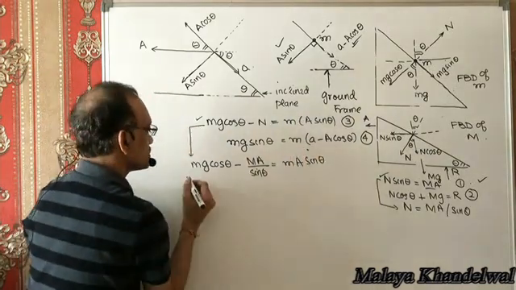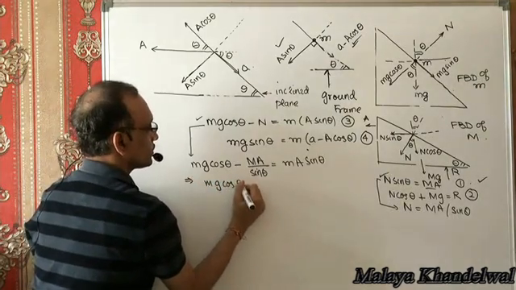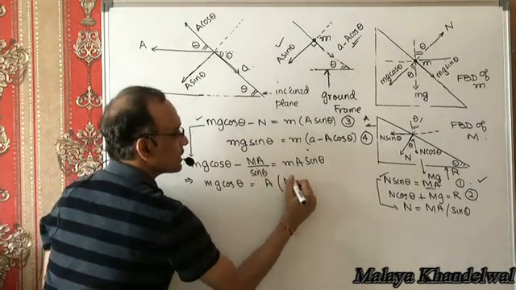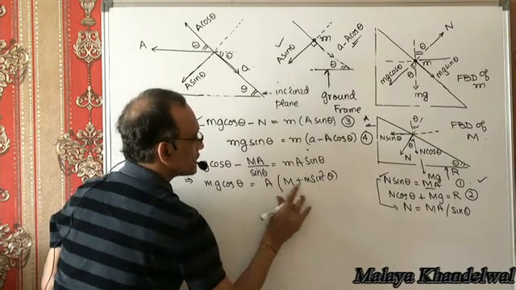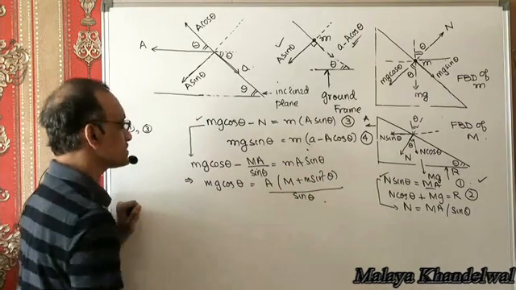I transpose this to this side. I get mg cos theta equals A into, if I add these two, capital M plus small m sin square theta divided by sin theta.